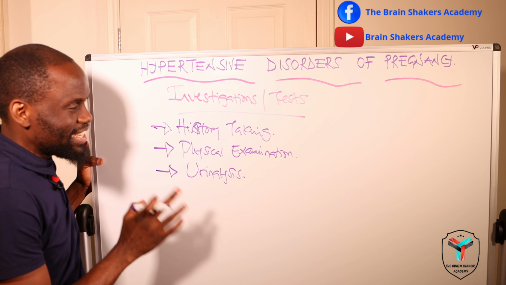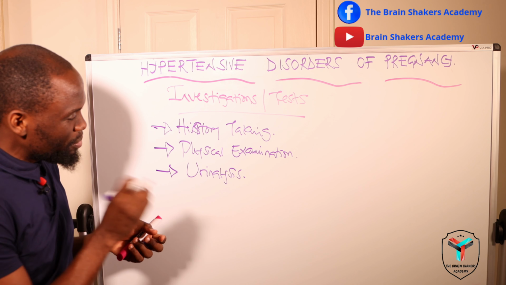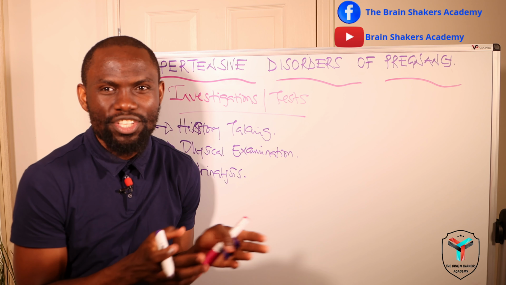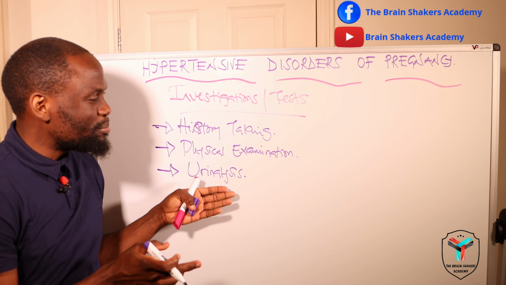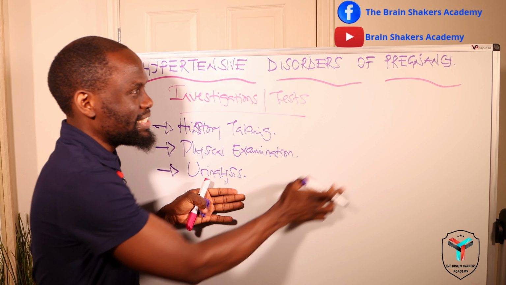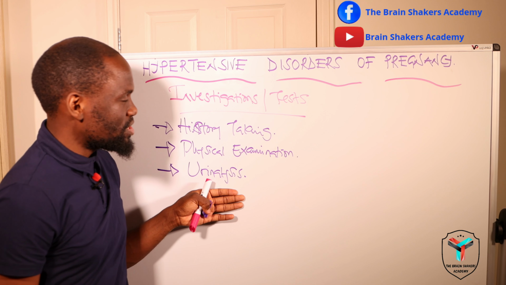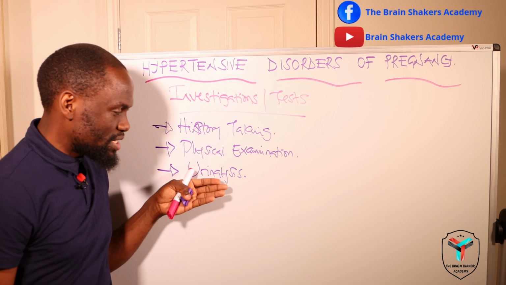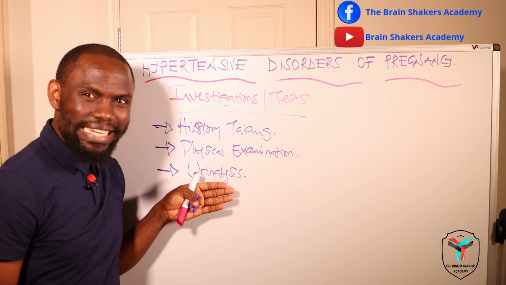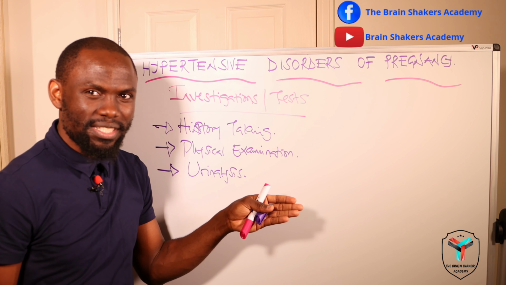So in as much as it is a simple test and a simple investigation that you're going to do, urinalysis plays a key role in the identification of disorders of pregnancy, because it is from urinalysis that you are going to elicit the presence of proteins in urine.